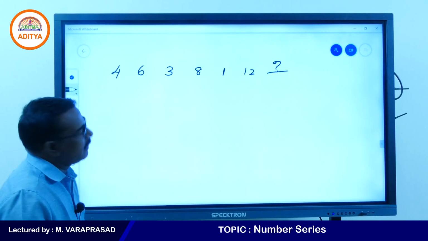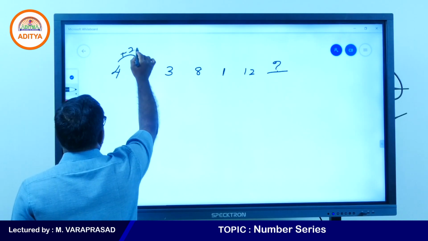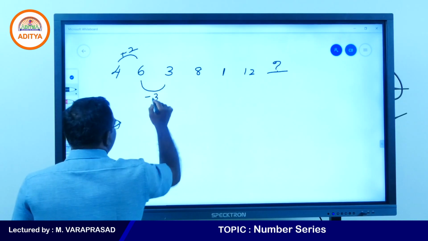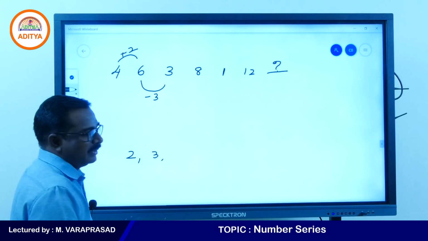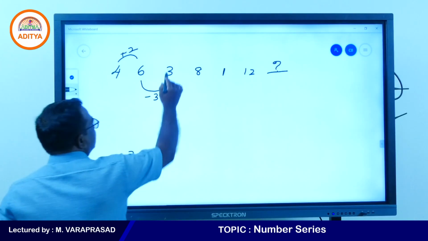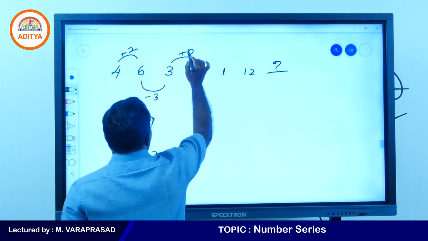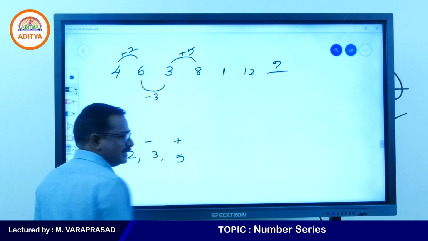Now see, 4 plus 2 is 6. 6 minus 3. 2 is a prime number, 3 is a prime number. So one prime number is added, the other prime number is subtracted. Plus 5, another prime number is added. So this is plus, this is minus, this one is plus.